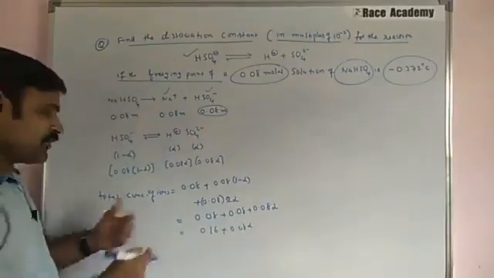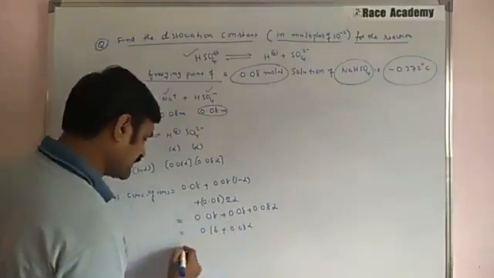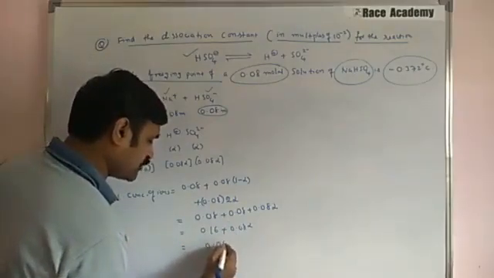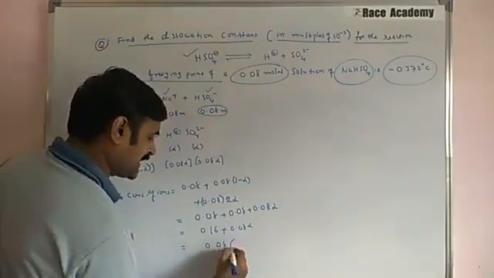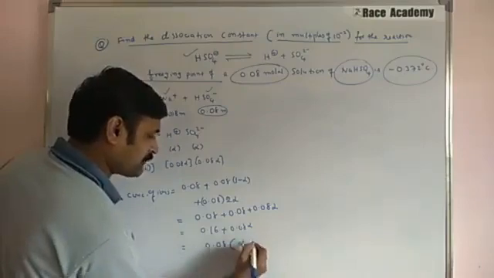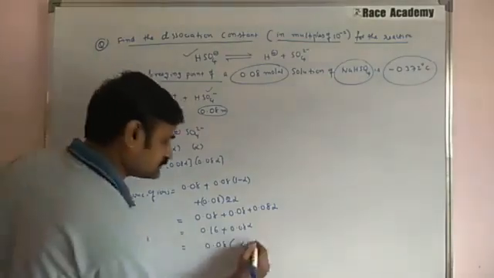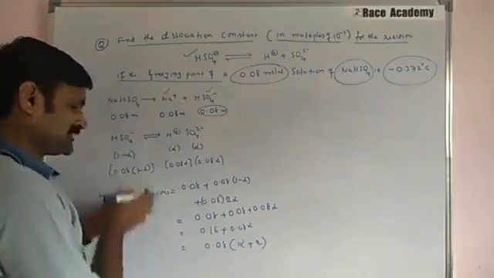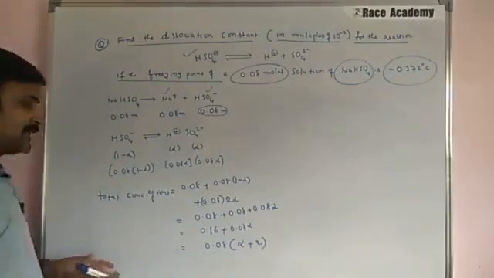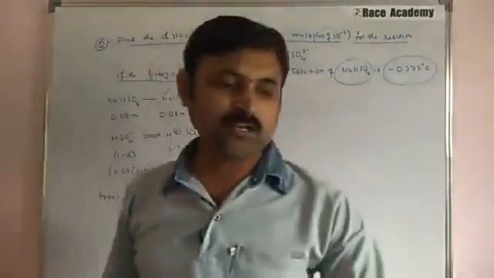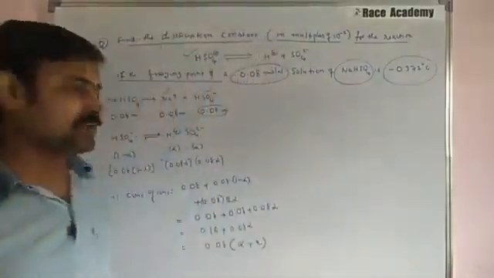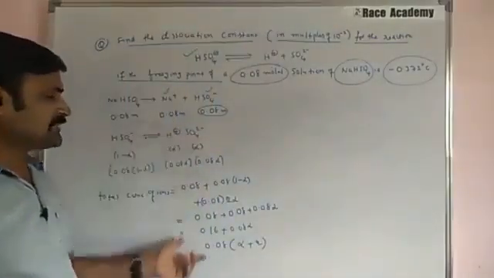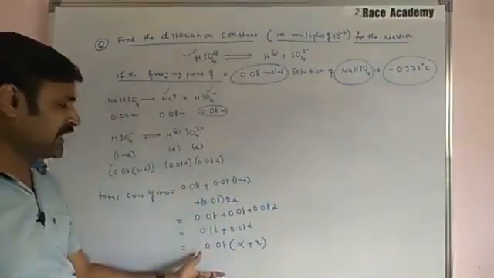Even still, if you want to make a common of it, it is nothing but 0.08. If you take common, then it will be alpha plus 2. So this is what we can say is the number of particles upon dissociation of sodium bisulfate, including the bisulfate ion expression given in the question.